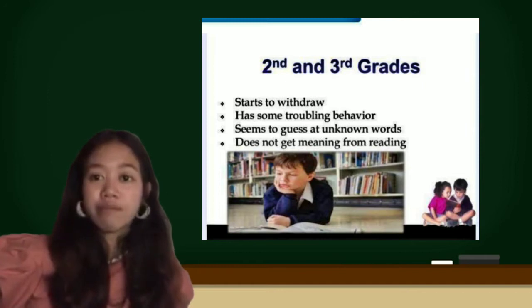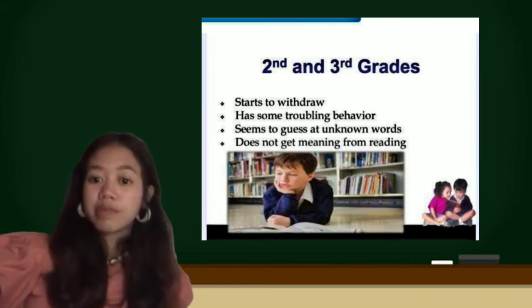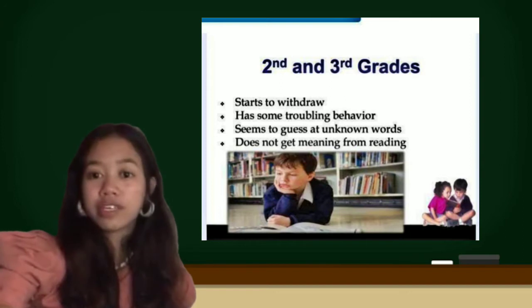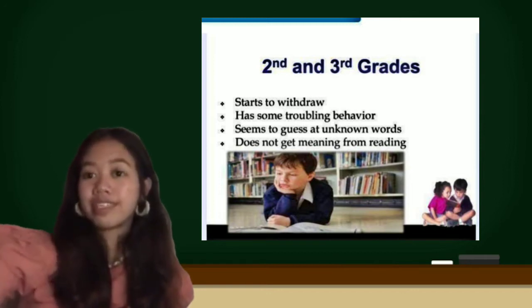And it is very important for the teachers to know the behavior of the child. And the third one is seems to guess at unknown words. So the child will most likely have some trouble guessing unknown words. And the fourth one is does not get meaning from reading. So the child is having difficulty comprehending what he reads.